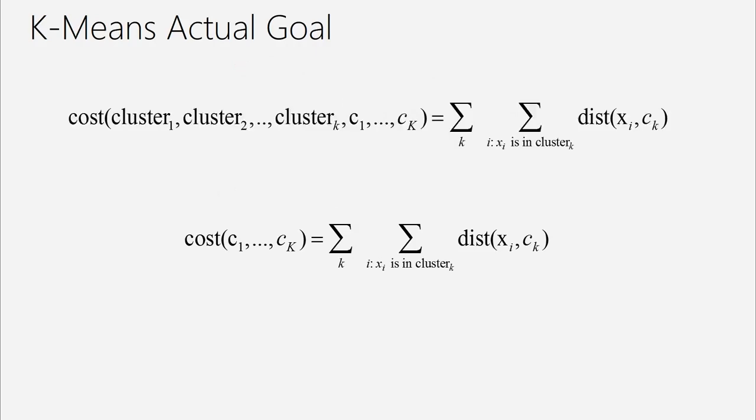Now let's try a slightly more general cost, because I want us to optimize who is assigned to what cluster, okay? So I'm going to put the cluster assignments here as well as the cluster centers. So cluster 1, this is all the points that are assigned to the first cluster. And then these are all the points assigned to the second cluster and so on. And these are the cluster centers as before.